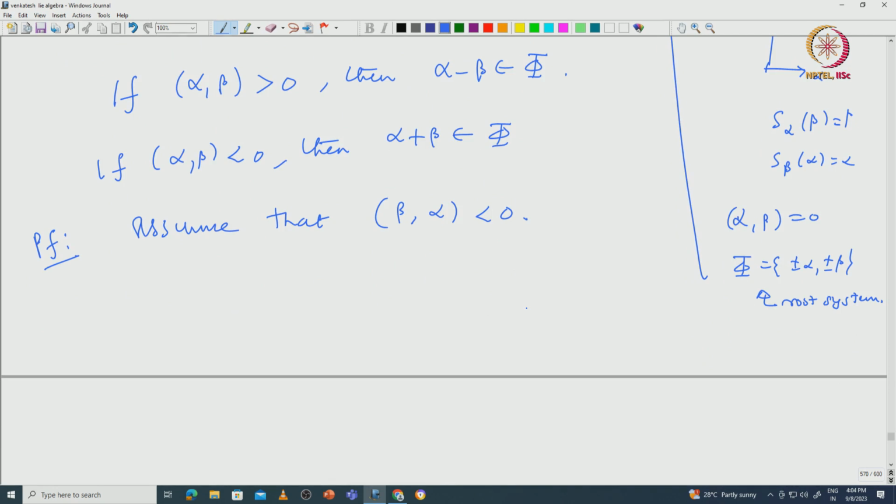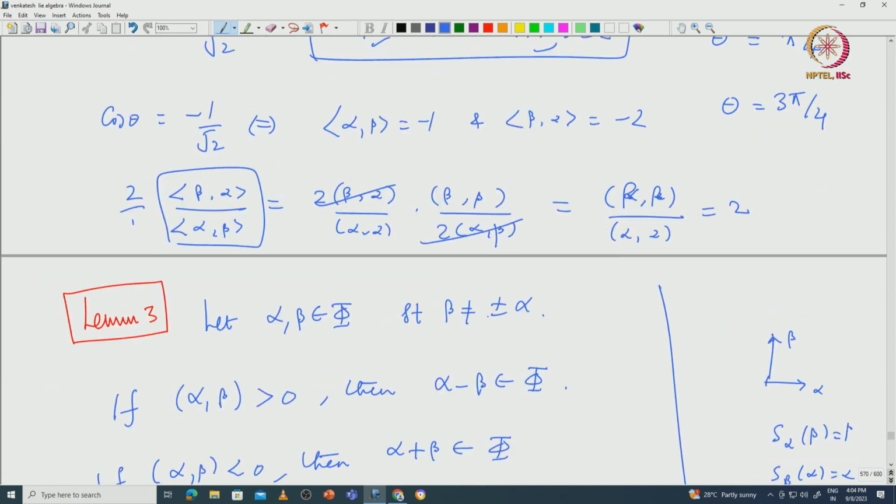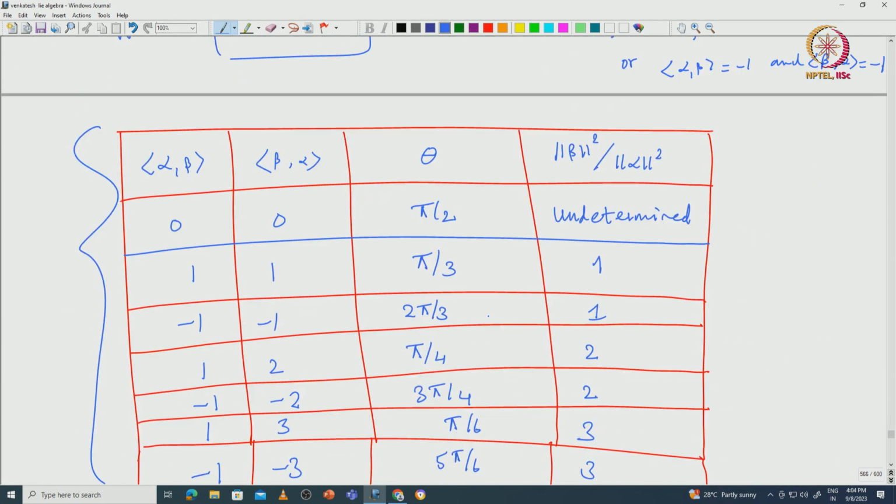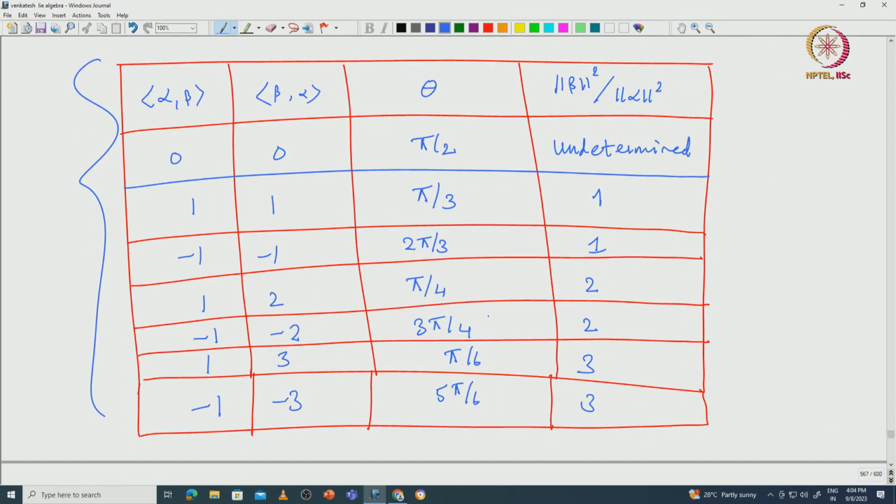Cartan number. You can see the Cartan number of alpha, beta or beta, alpha from the table. If you go back to the table and see what happens if the inner product is negative, you can see that the only negative entries are here, here, here and here, and in those cases the norm of alpha is smaller than the norm of beta. In all those cases we get minus 1.